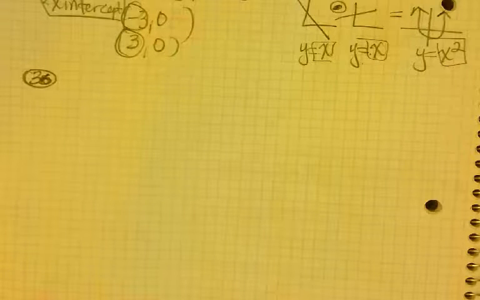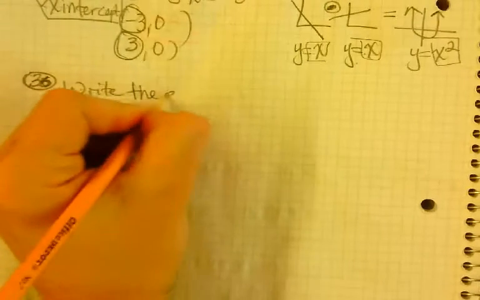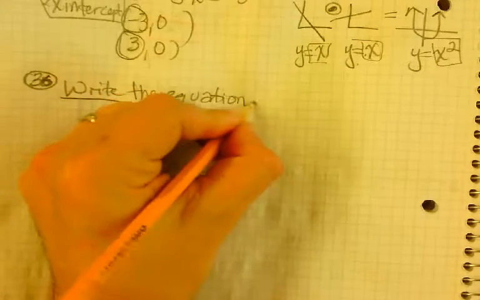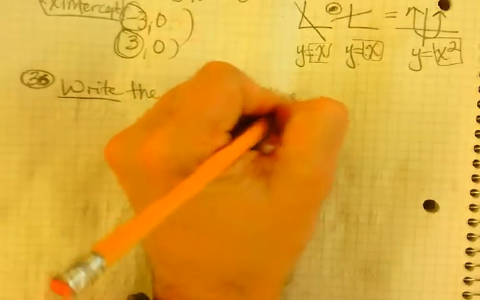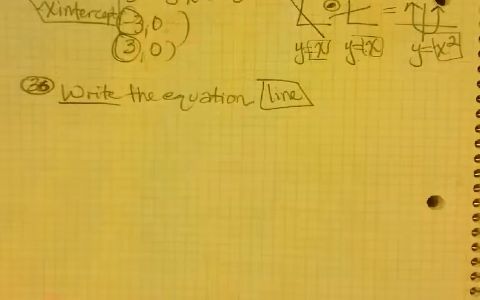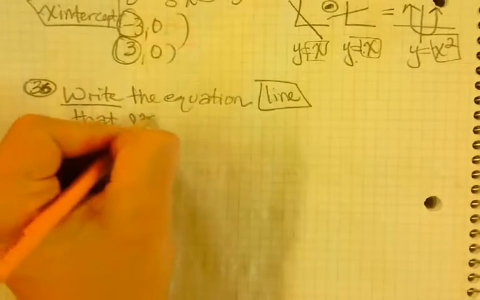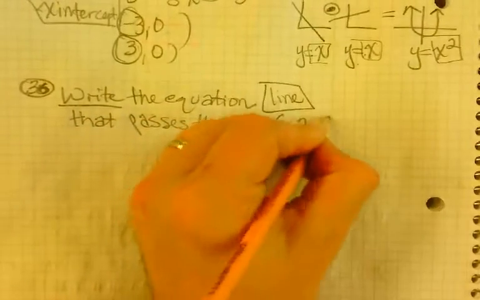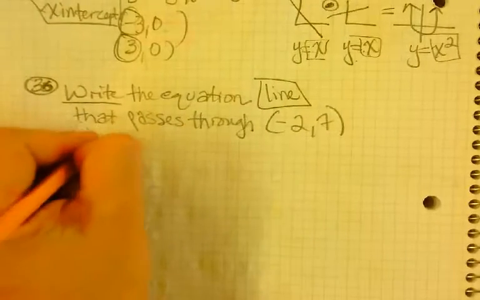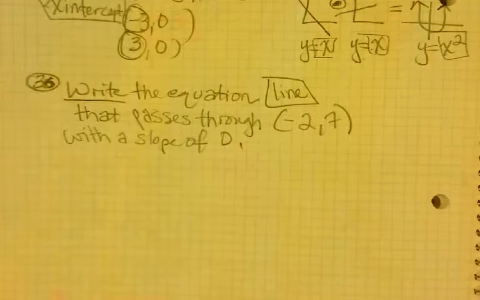I'll take it. That's fine. All right, 36. It says, write the equation. Again, we're going to do this again. Write the equation of the line. That's a key word. Of the line. That passes through negative 2, 7 with a slope of 0.